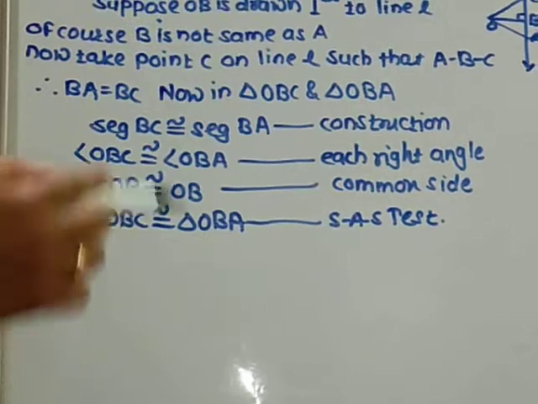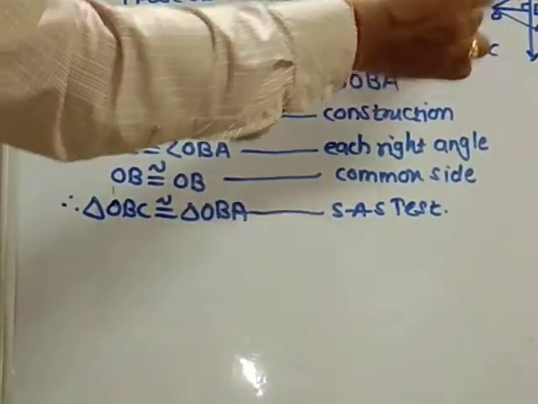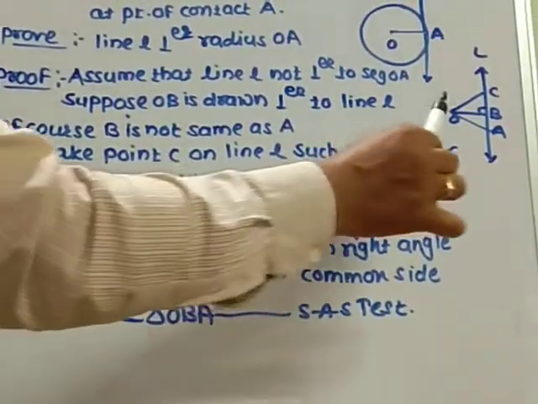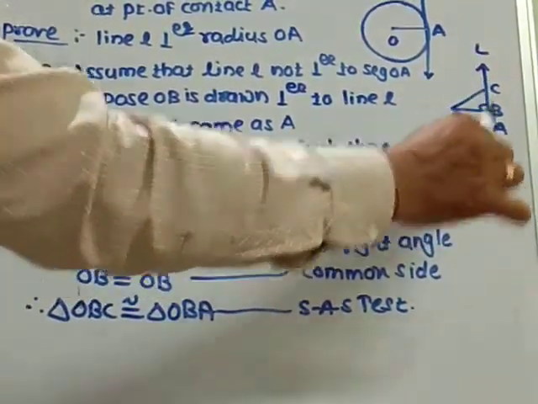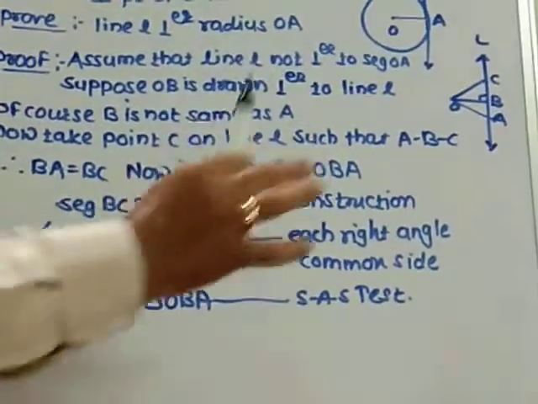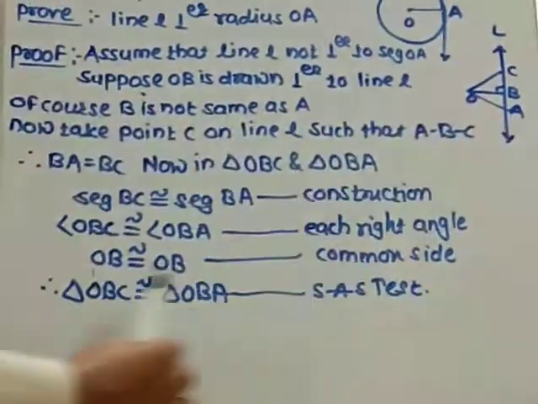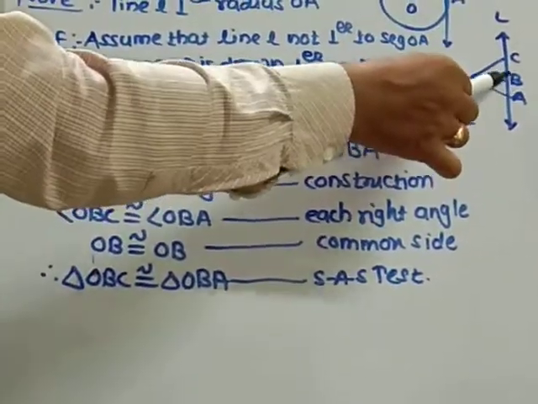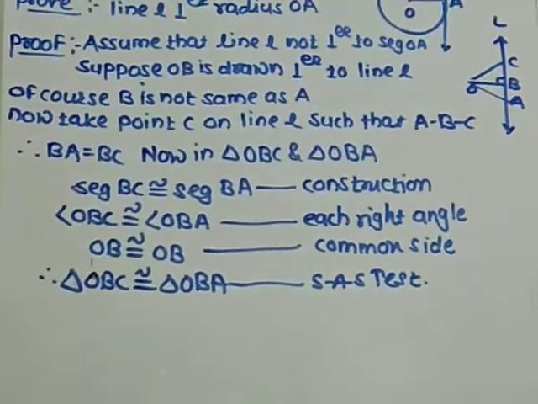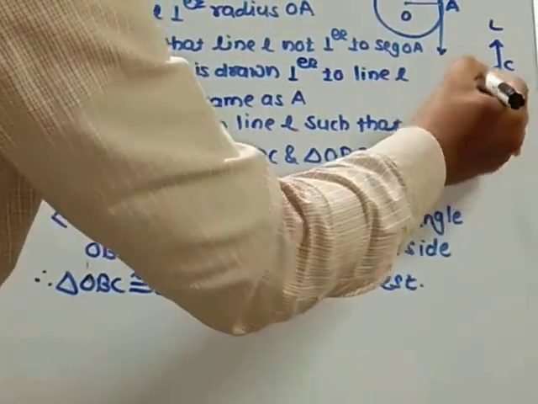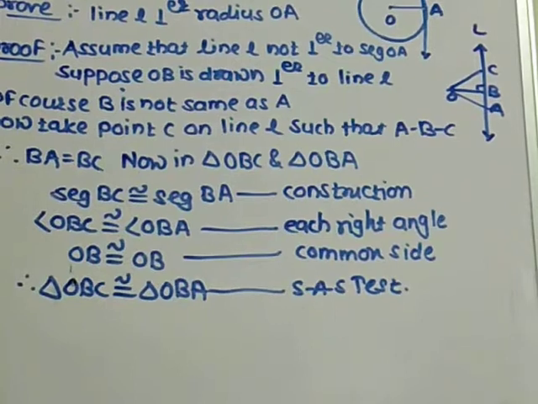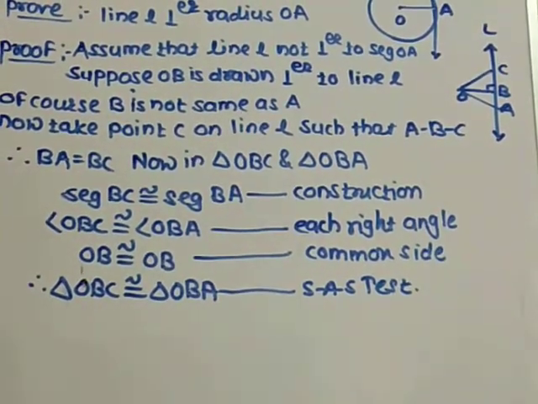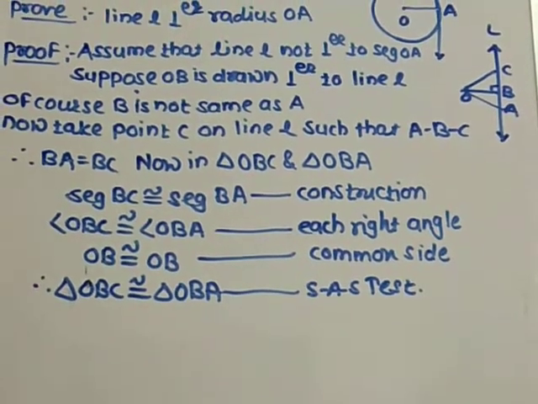Look here: BC and BA are congruent sides, angles OBC and OBA are both 90 degrees, a right angle, and OB is a common side. Side, angle, side. So the two triangles are congruent.